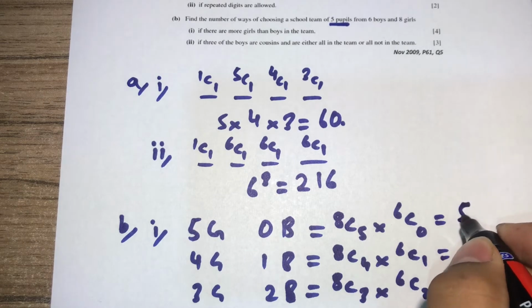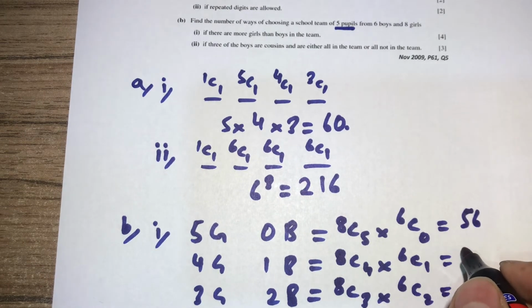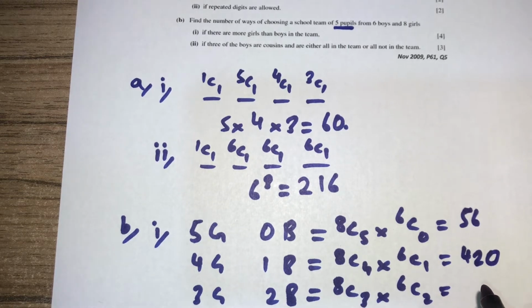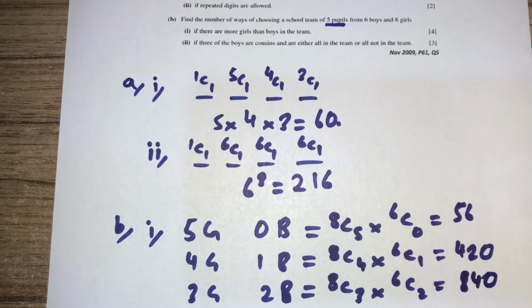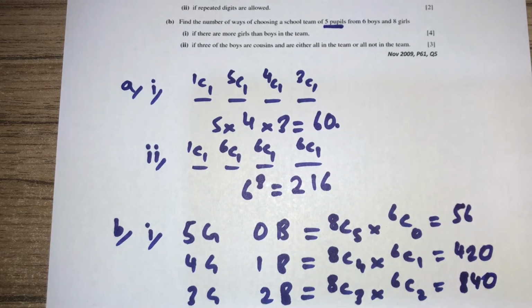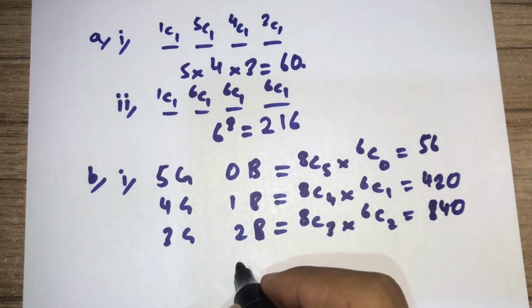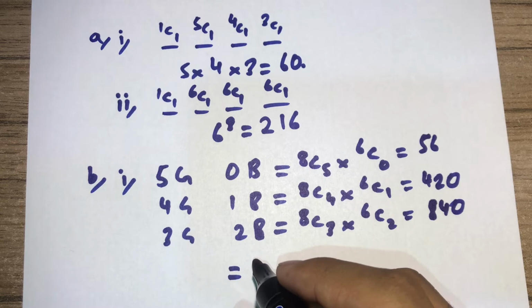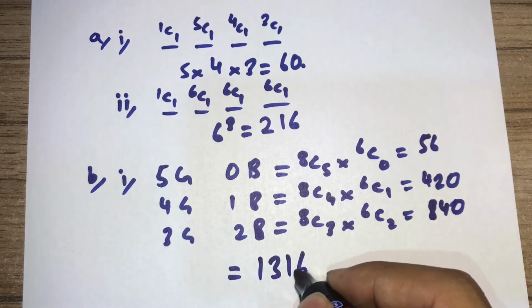This is 56, 420, 840. Now adding them all up gives us 1316.